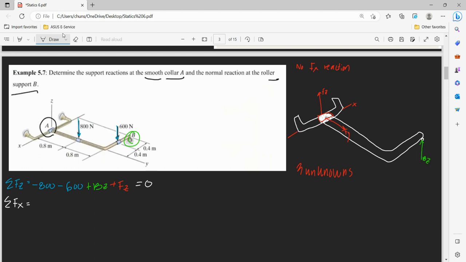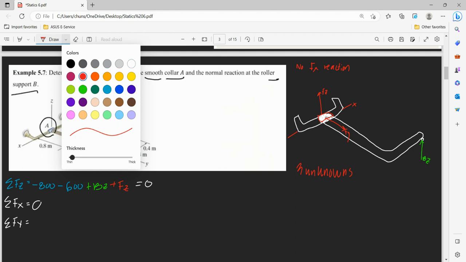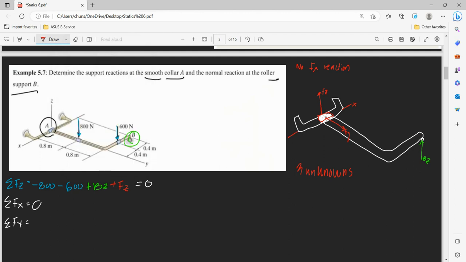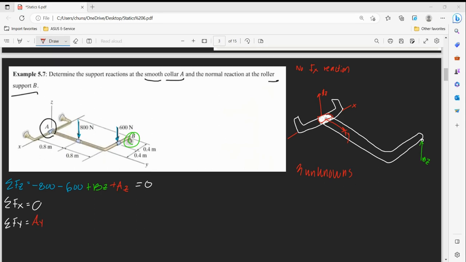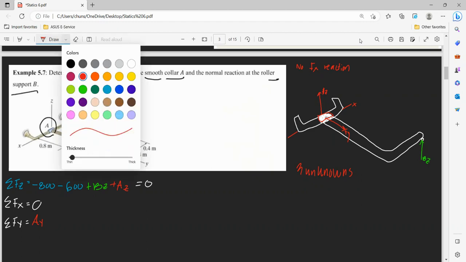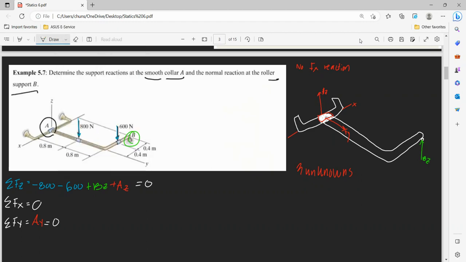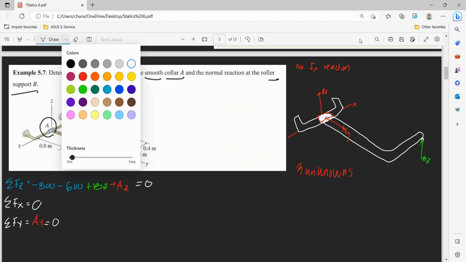But we know in our x direction, we don't have anything pointing along here, so this is just 0. Our Fy direction, we just have, sorry, I'm going to say Ay. And since Ay is our only force, then we know Ay is equal to 0.